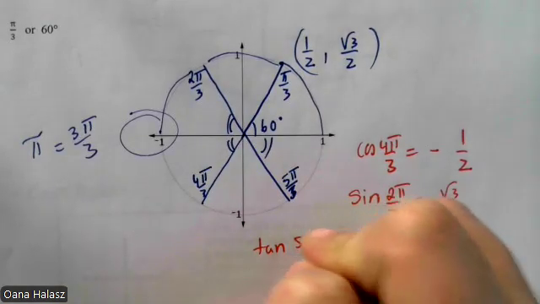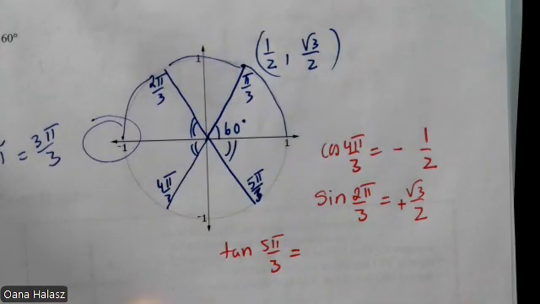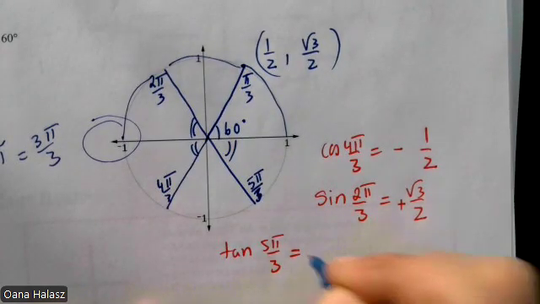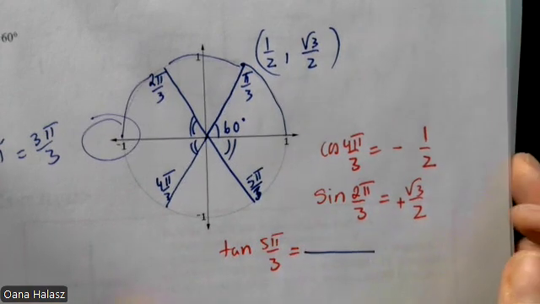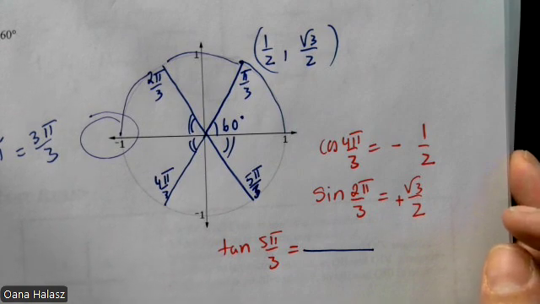What's tangent of 5 pi over 3? No, tangents we cannot take directly from the unit circle. We have to calculate or we have to memorize our calculations, right? So tangent values are y over x, right?